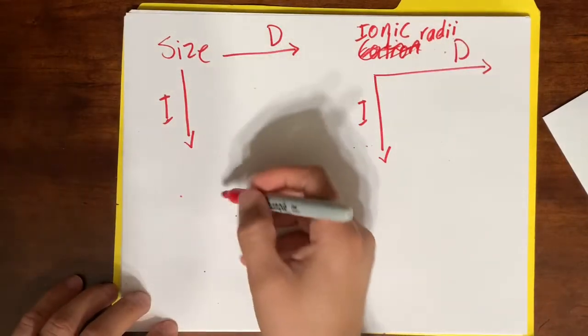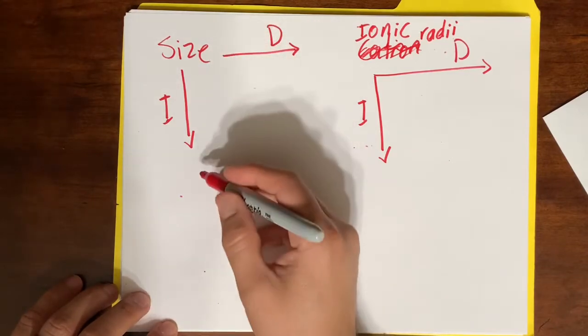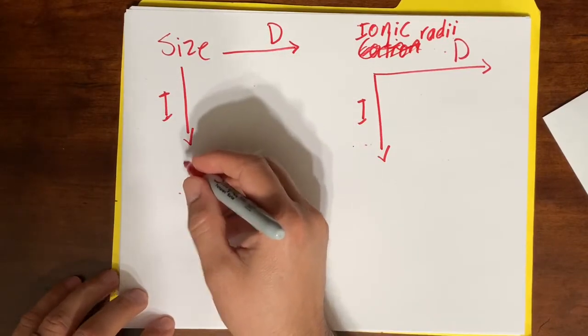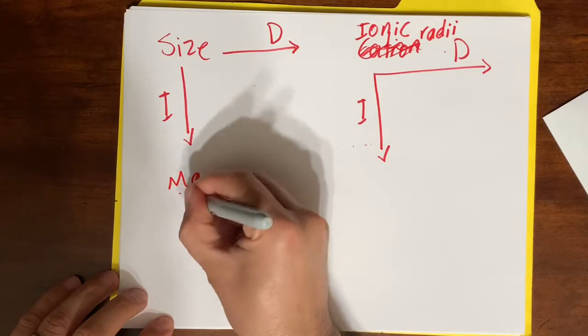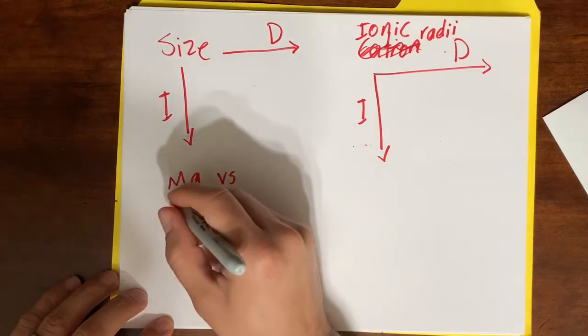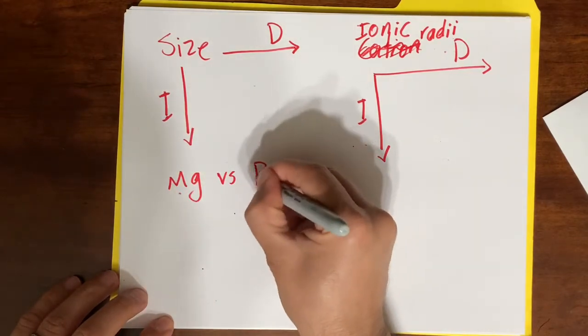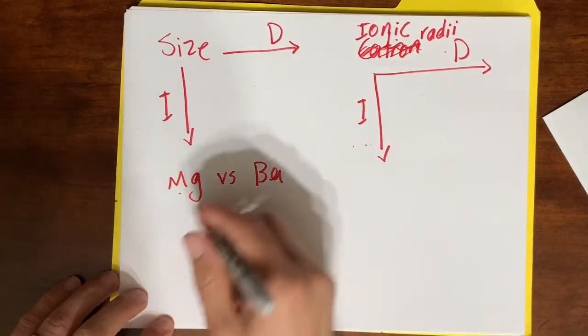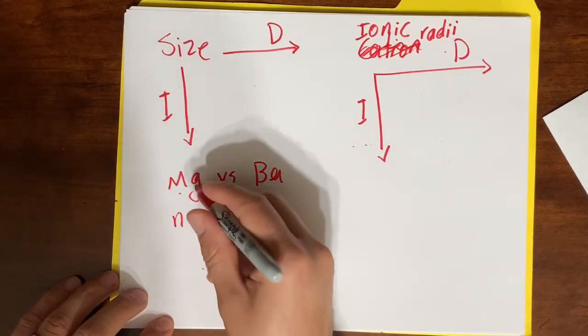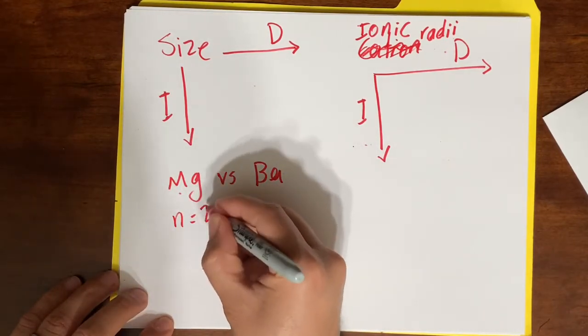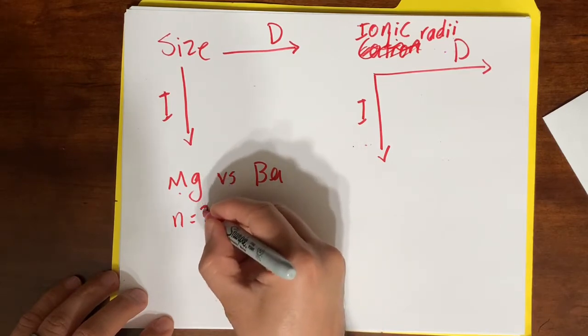Okay, so for neutral, we said Mg versus barium. Mg belongs to n equal 3.